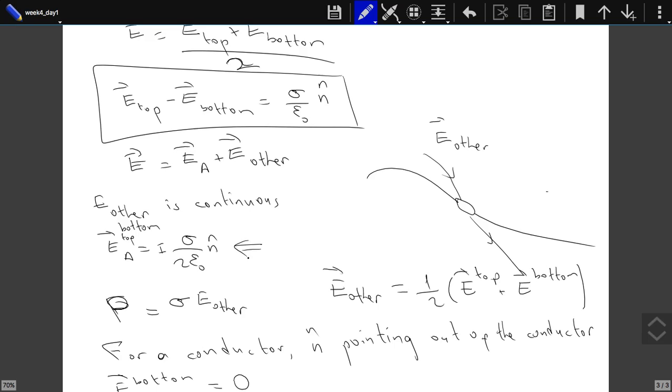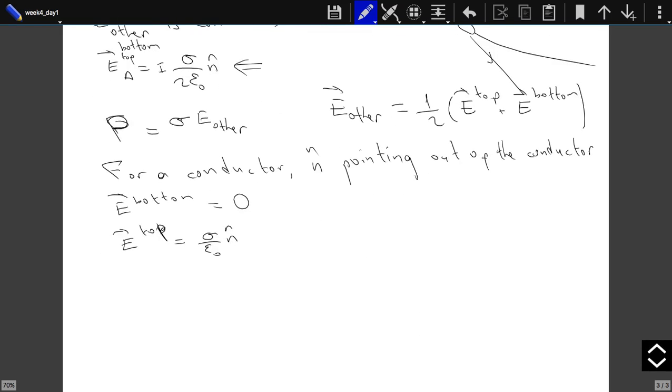Well, we can write the same expression for the top of the surface. For the top of the surface, EA will come with a plus sign. E other also has the same expression with the plus sign. They are equal to each other. And hence, at the top of the conductor, the electric field at the top is just sigma over epsilon 0 n.